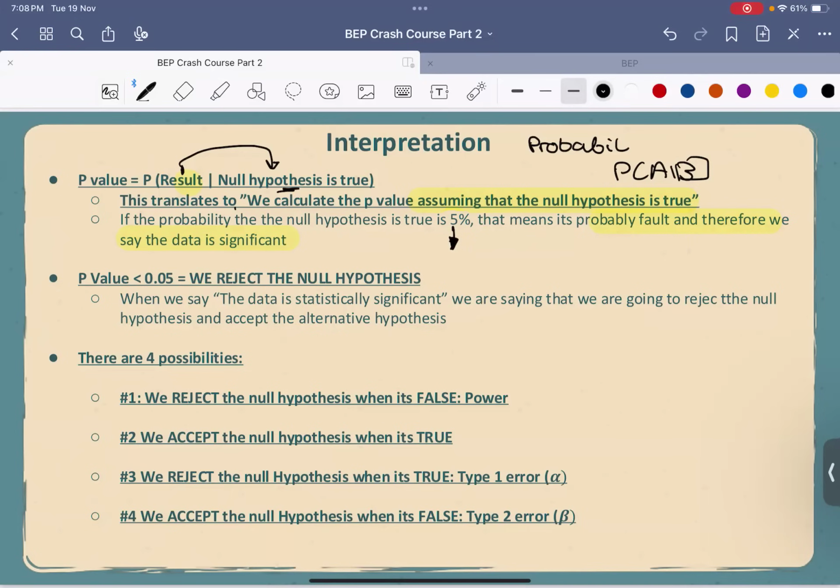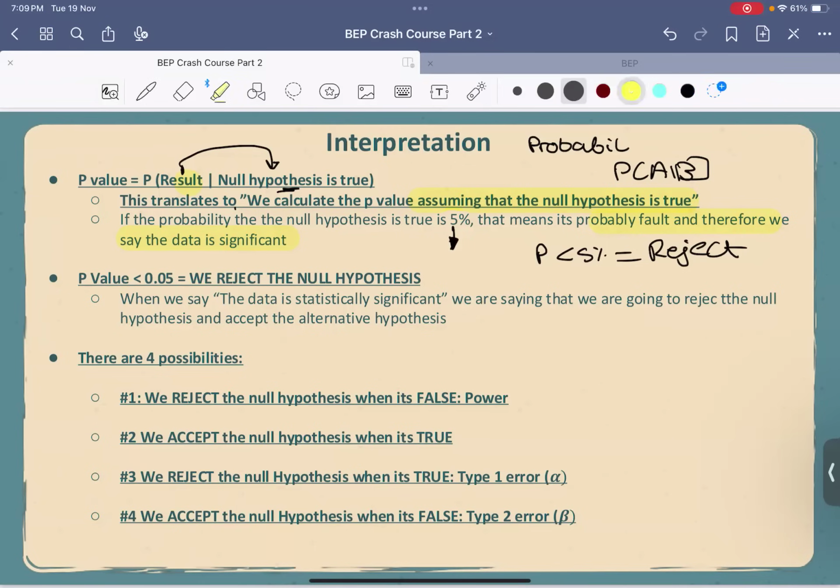That's why we say when the p-value is less than 5%, we reject the null hypothesis. With a p-value of less than 0.05 or 5%, we reject the null hypothesis because we assumed it's true, but we got a probability of 5% or less. That's a very, very low chance, so we say that's probably false, and that's why we reject it. We reject the null hypothesis when the p-value is less than 5%.